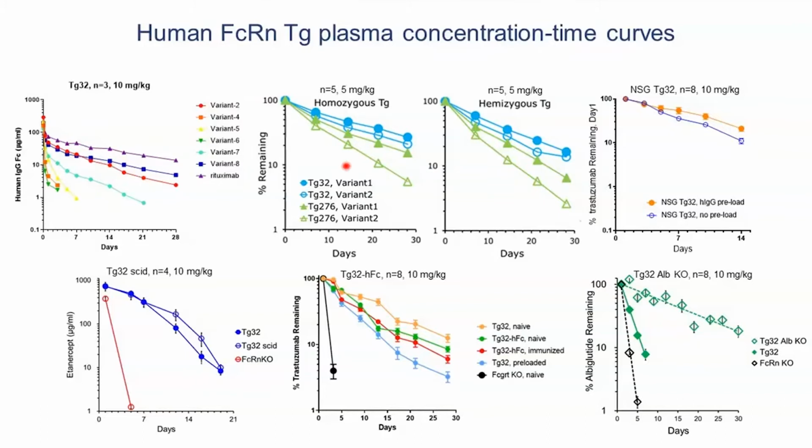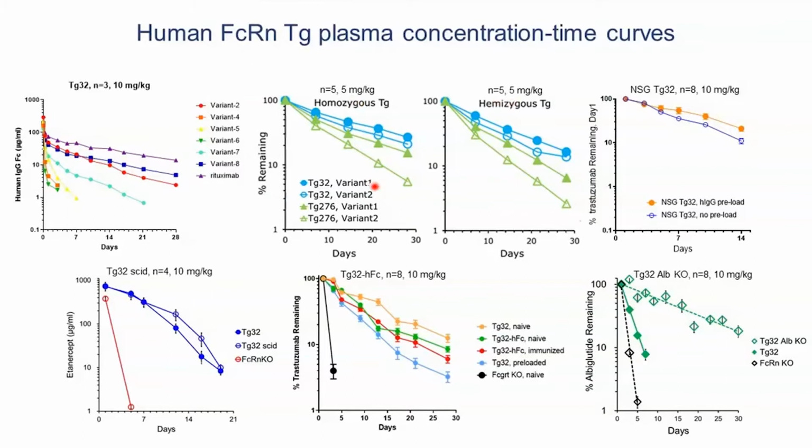To the right of that is a pair of graphs that shows 2 variants. The closed symbol is variant 1, and the open symbols are variant 2. And we have homozygous data on the left and hemizygous data on the right.